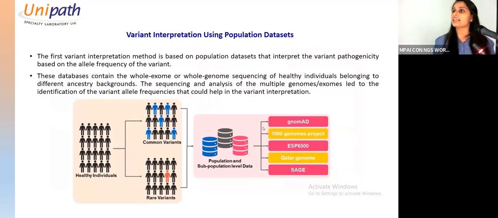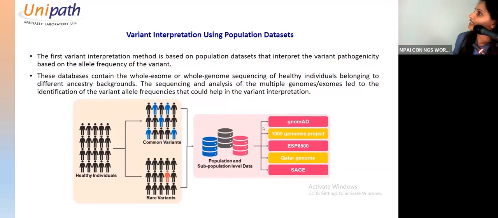So what indication does it give? We all carry a number of mutations, but if you are healthy, it gives us confidence that the variant is benign. That's why we compare our variants with the population frequency database.